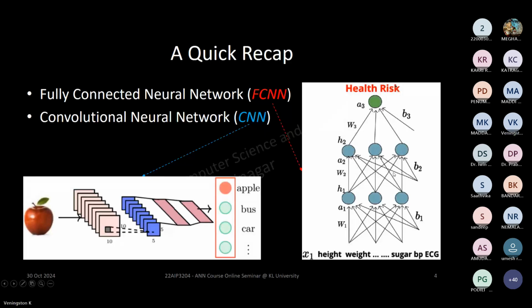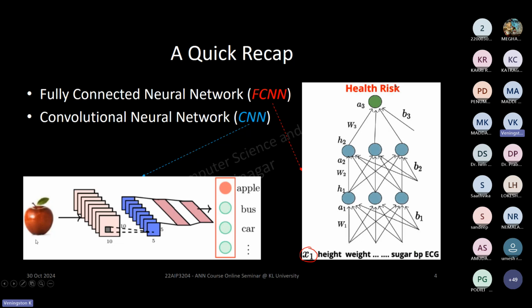From the curriculum of the course, I hope all the attendees have already gone through the notion of fully connected neural network and convolutional neural network. One commonality that we observe from both FCNN and CNN is that the size of the input doesn't change. Every instance with which we train a neural network is of the same size.